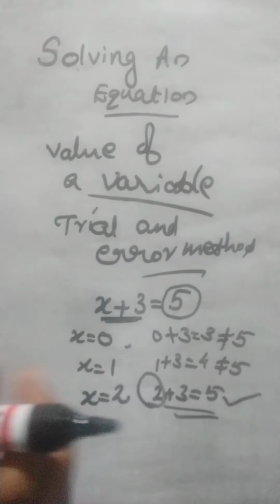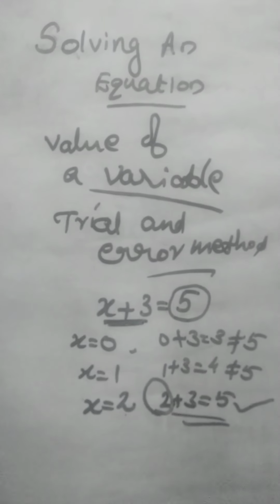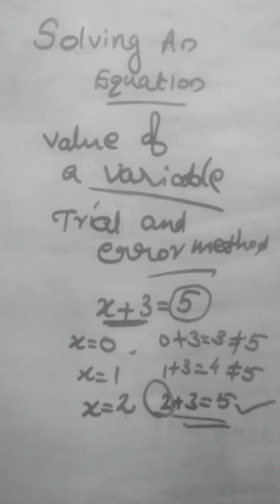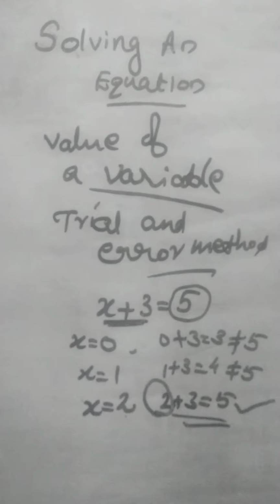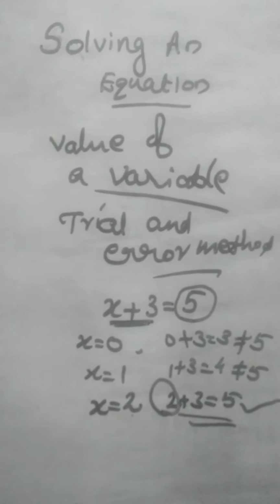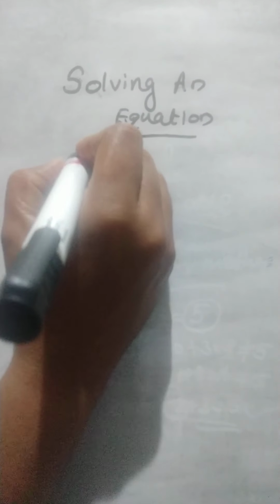Then, without applying the trial and error method, how can we solve an equation? We can go through that. Now we are doing balancing an equation. We can solve the equation by balancing.